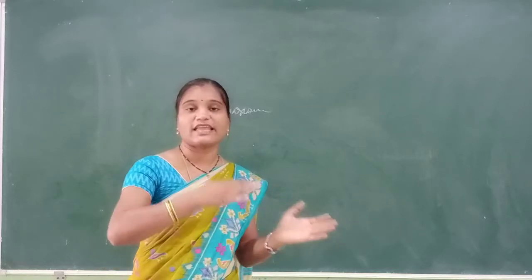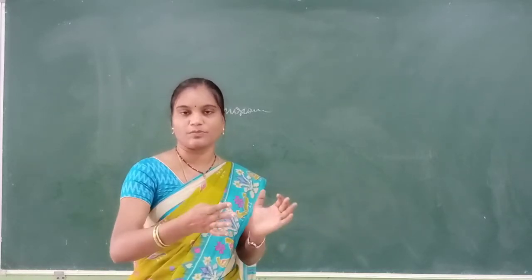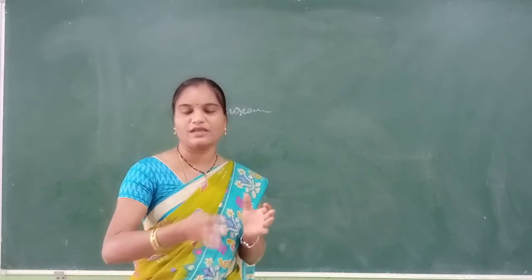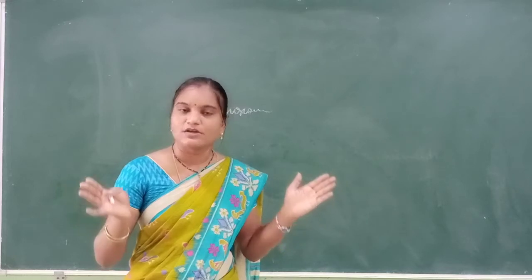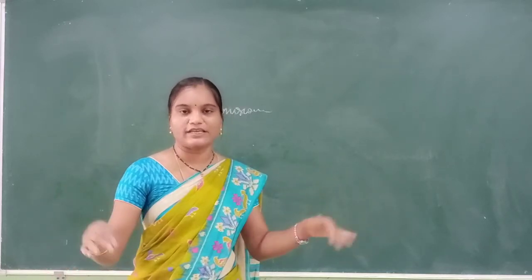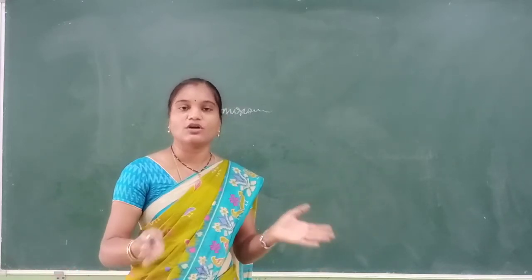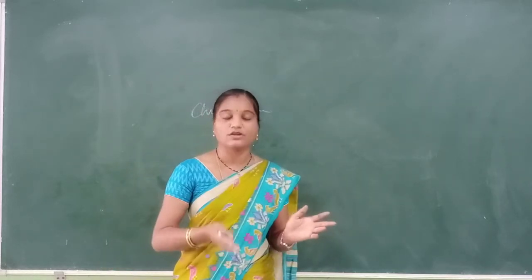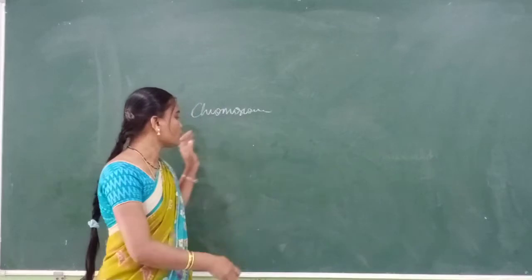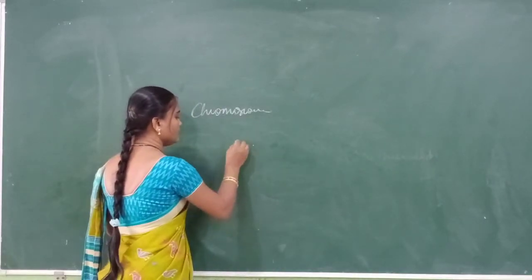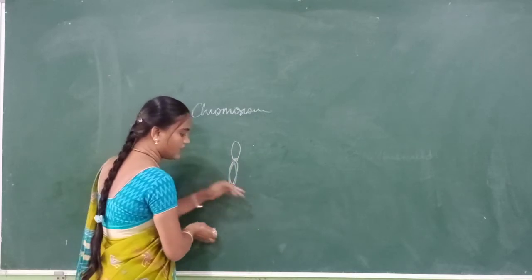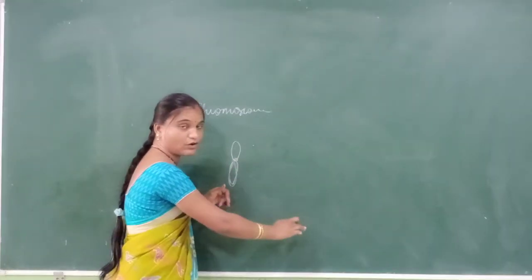Replication means the same Xerox copy is produced, and after production of the same copy, they both get separated to the daughter cells, the next progeny cells. So first they get replicated and next separated. These are your chromosomes, in bead and string form.